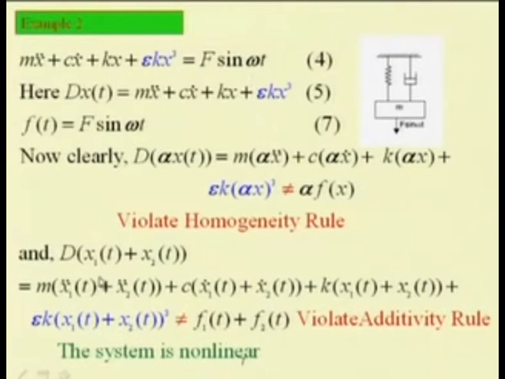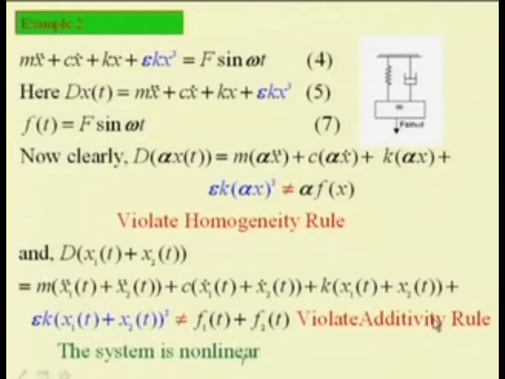Similarly, one can check by taking D of x1(t) plus x2(t). This will not be equal to f1(t) plus f2(t), because of the term containing epsilon. So this violates the additive rule.